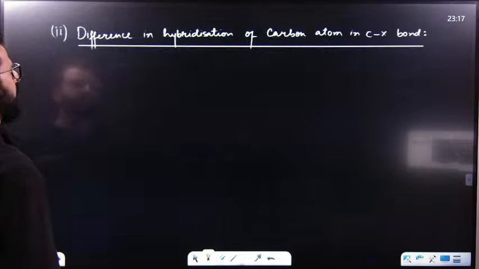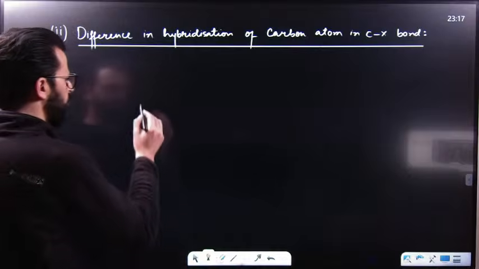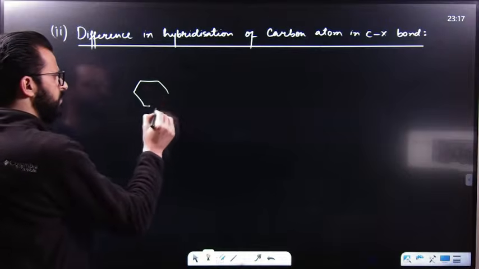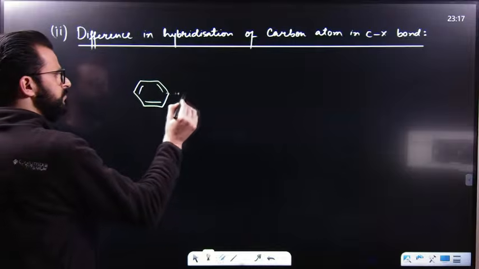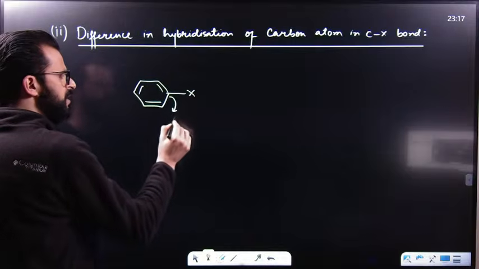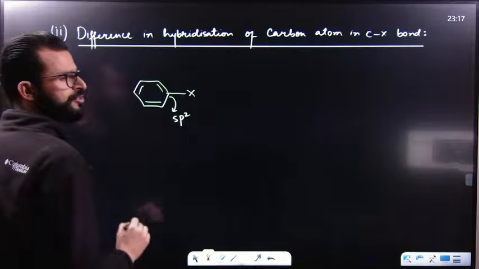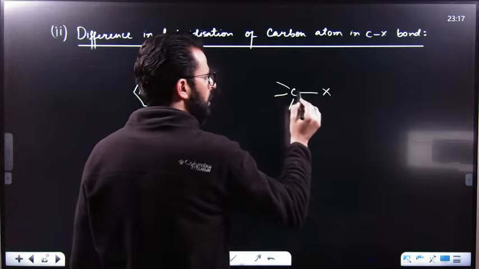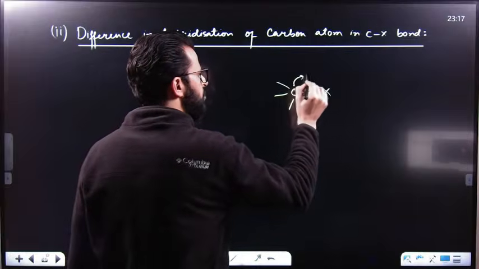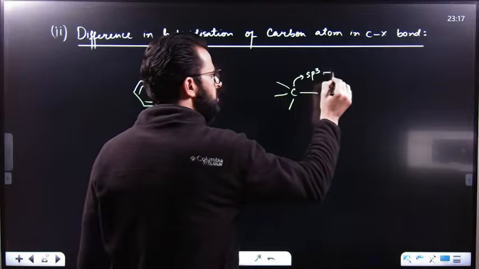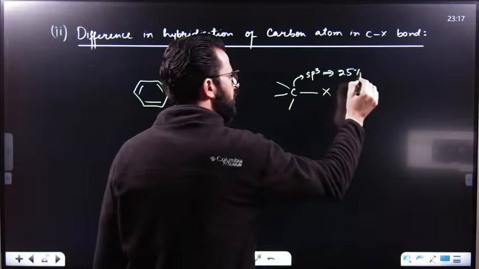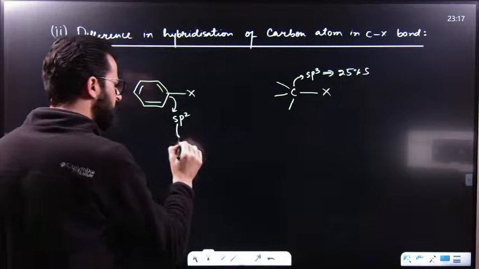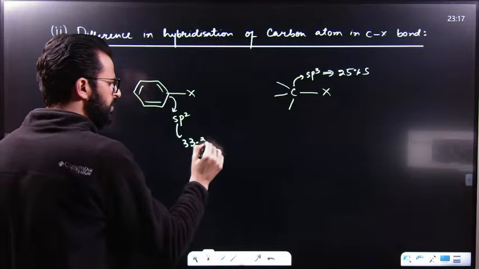After that, the second reason is the difference in hybridization. Have a look. In a haloarene, the hybridization of the carbon to which the halogen is attached is sp2, and in an alkyl halide or haloalkane, its hybridization is sp3, which means its s character is 25% versus 33.33%.